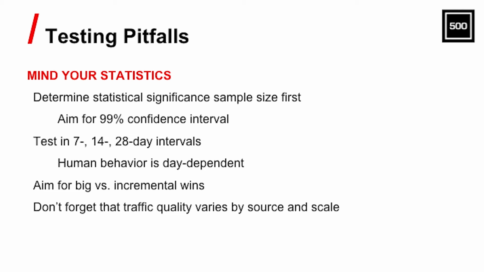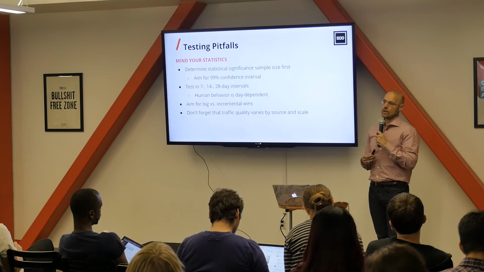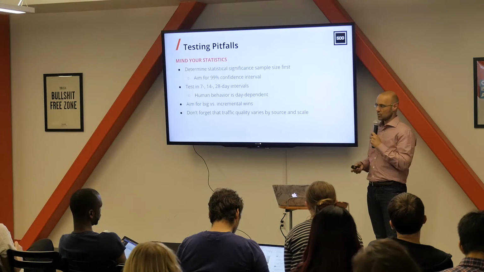Okay, statistics. It's important. The other thing that's relevant for testing here is that you want to do these tests in certain time intervals, right? 7, 14, or 28-day intervals. Why? Because, as I mentioned earlier in the OMTM talk, especially with consumers, you see varying behavior depending on the day of the week. Let's say you're Facebook and you have over 1 billion people engaging with your product every day.